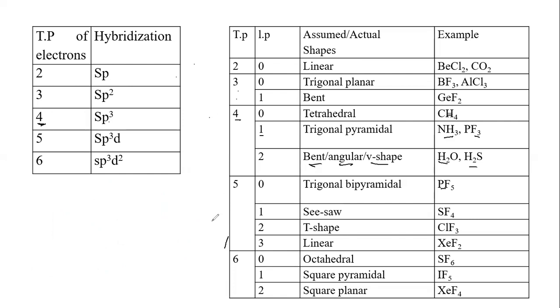Here is water. Oxygen is a group 6 element. It will have 6 electrons in the outermost shell: 1, 2, 3, 4, 5, 6. So here we have hydrogen, here we have hydrogen. Okay. So these ones form bond pairs. These ones will form lone pairs of electrons.